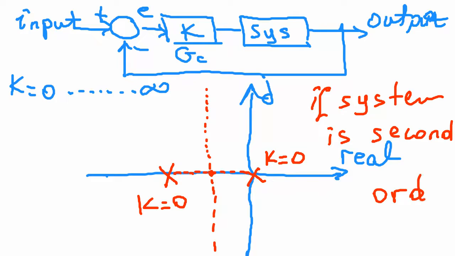For a second order system, when K goes to infinite, if there is no obvious zero, then the curves are going to be asymptotic, all right?